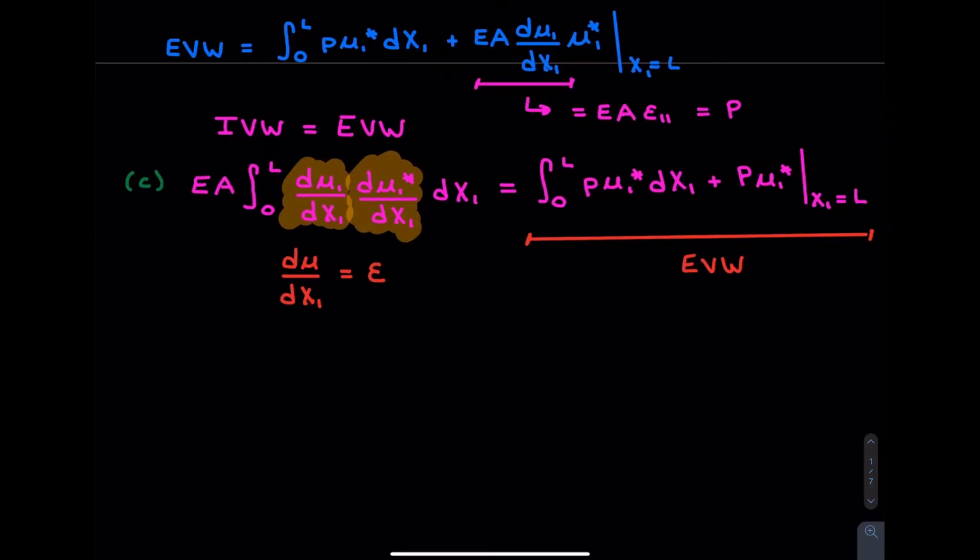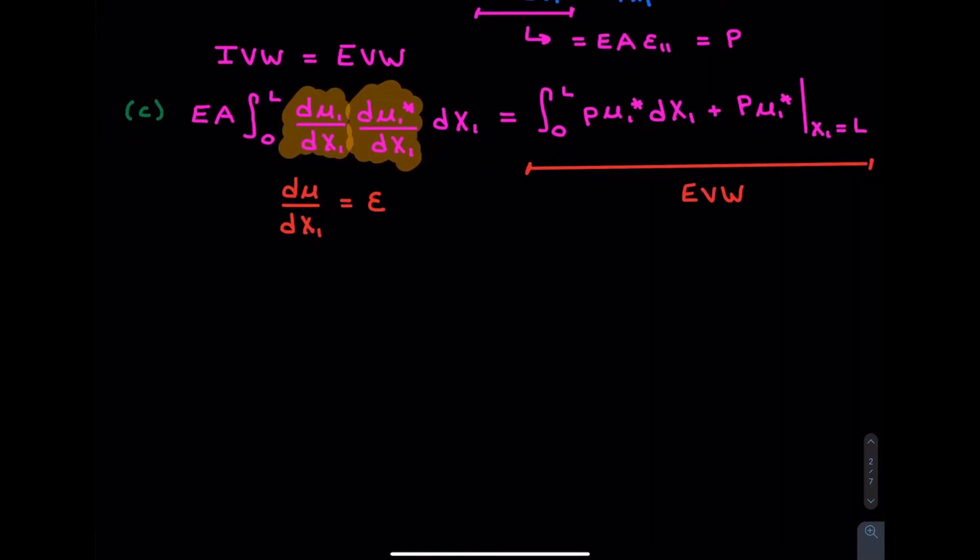All right, so let's substitute what we have in. Now we know that we have the integral from 0 to L, and I'm going to put EA inside this time. du1 with respect to dx1, we know that that is simply the strain epsilon 1,1. du1 star with respect to x1, we know that this is actually the virtual displacement strain.